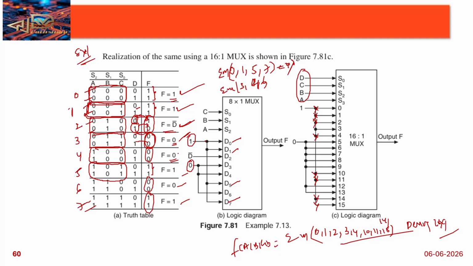This is 3, this is 4 and this is 6. Then 3 4 6 is connected to 0, and only one value is there, that is D bar. D bar is connected to input 2, so 2 is connected to D bar, that's it. In this way we need to design our 16 by 1 MUX by using 8 by 1 MUX.